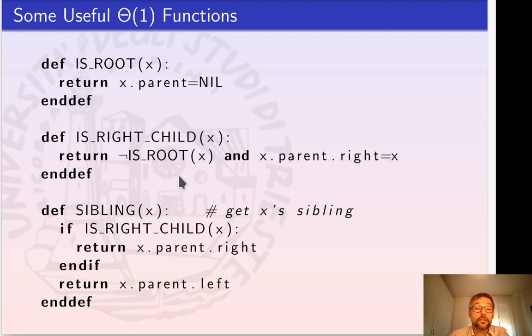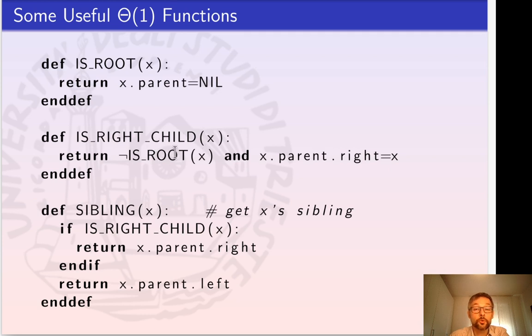Now, how can we test whether x is the right child of its parent? Well, this is quite easy to do. First of all, we need to test whether x is the root. If it is the root, then of course it couldn't be the right child of any node.